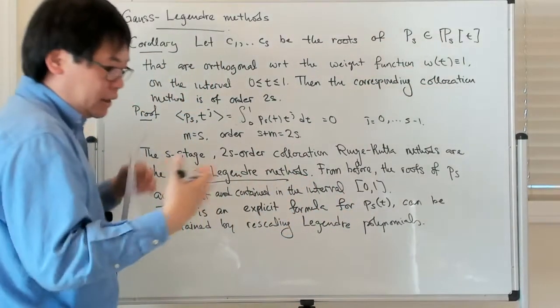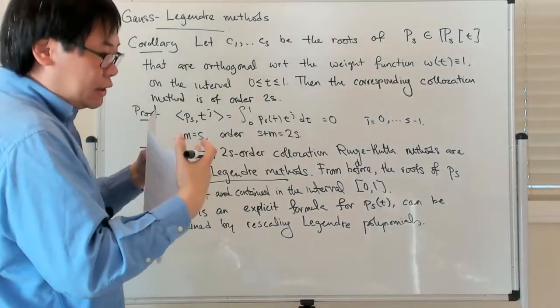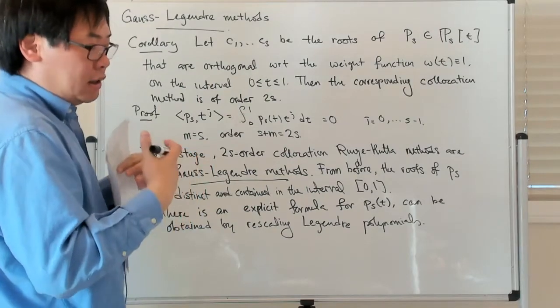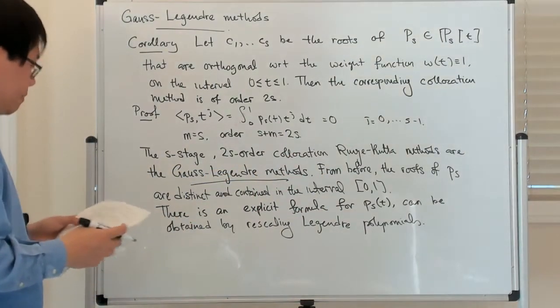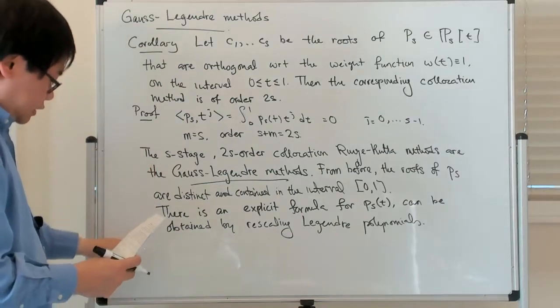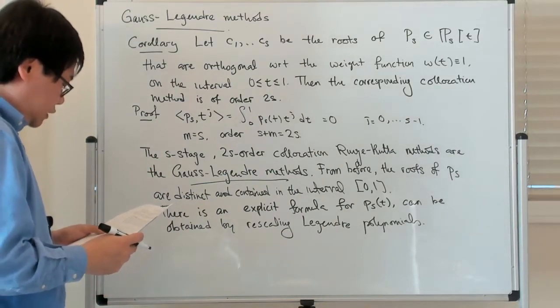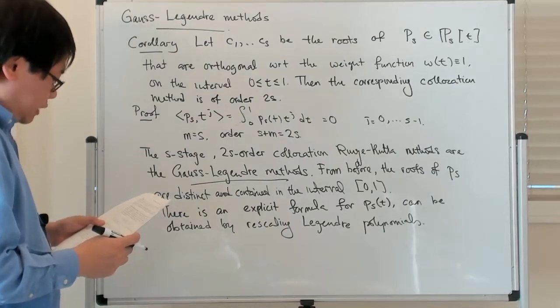So you basically have to shrink the interval by half, and then shift it to 0, 1. And so let's write down what that polynomial P_s is.